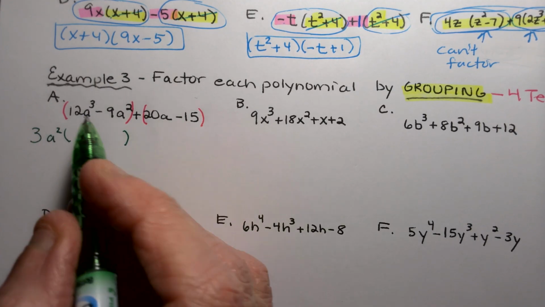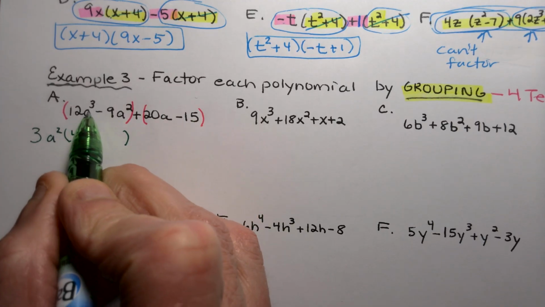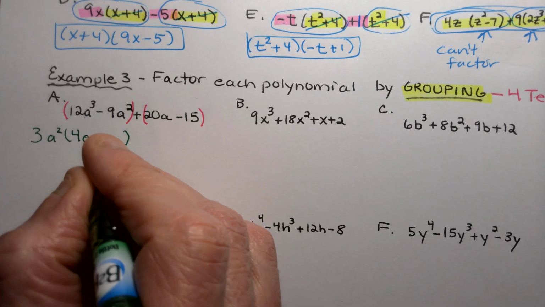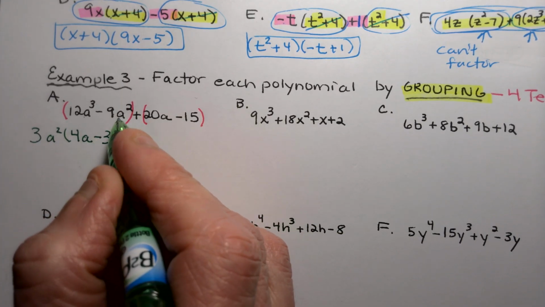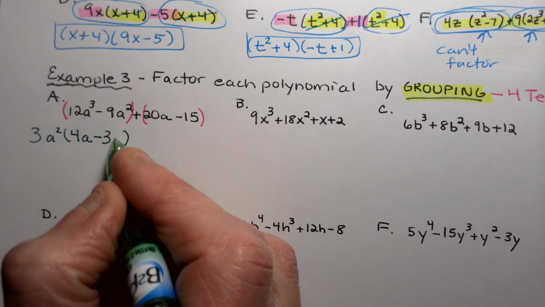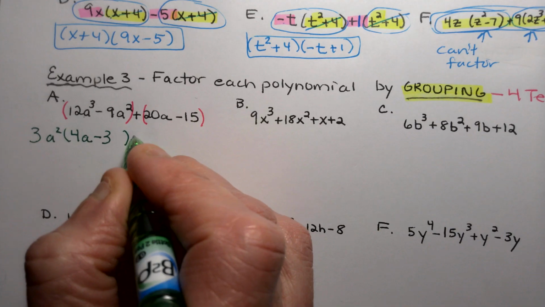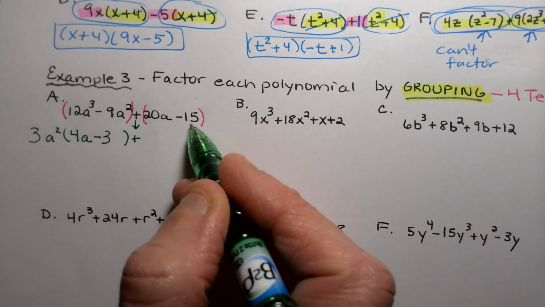And now let's see what's left. So 12 divided by 3 is 4. And if I took out 2 of those 3 a's, I have 1 left. Drop the minus down. 9 divided by 3 is 3. And if I took both of these out, I have none left. So I'm not going to write an a term there. It's just going to be a number. All right, plus. Put your plus sign down. Don't forget that.